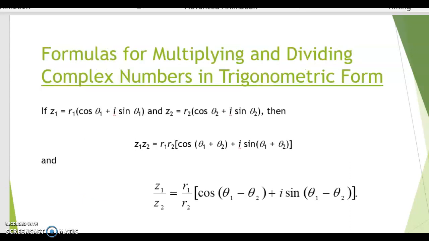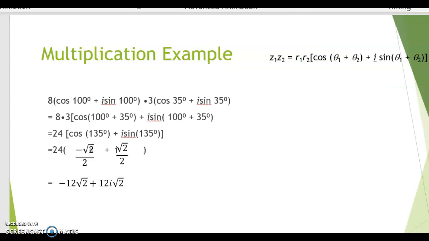Here are the formulas for multiplying and dividing complex numbers in trigonometric form. The formulas tell you exactly what to do. We will look at this in detail with an example of each. Multiplication example.